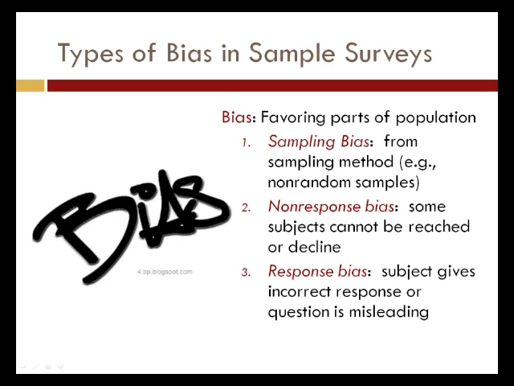Bias. So here are 3 types of bias, and you'll see these again and again in your homework and the quiz, so it's good to familiarize yourself with the 3 primary types of bias. And when it asks for the type of bias that happens, it's usually asking for one of these 3. Sampling bias is the way you chose to do your sample.